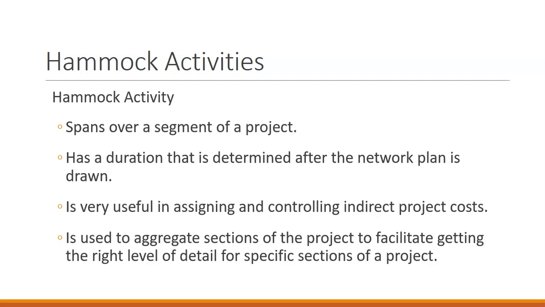For example, we might have a specific amount of time where we have access to a consultant. That consultant would be that Hammock activity, and we would want certain components of that project in which we need a consultant to overlap with the dates available.